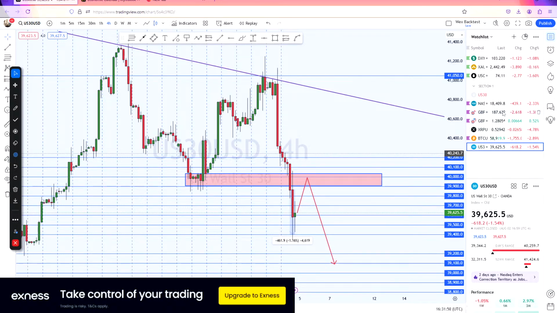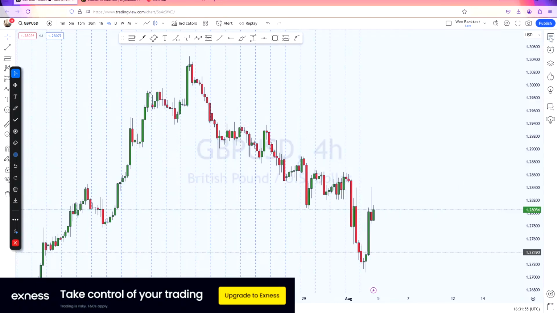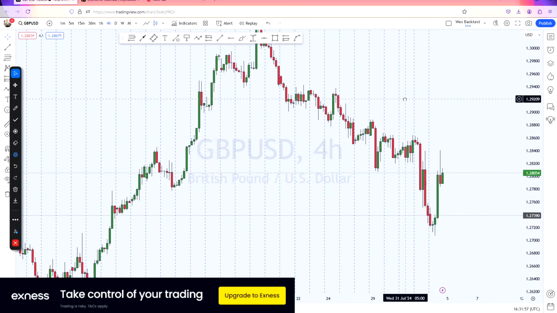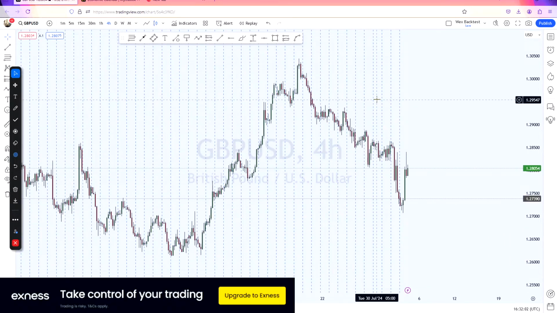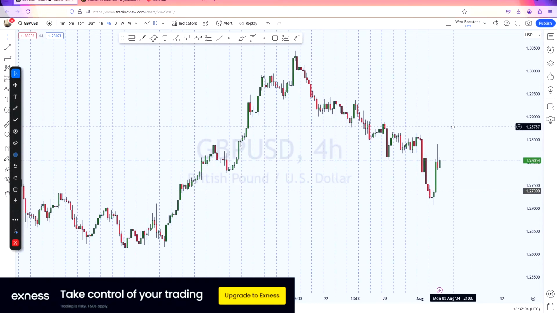So pound USD. All right, so this is pound USD. Looking at further information, if we take it off the USD index and gold, then sentimentally I would say that pound USD is going to go to the north side.